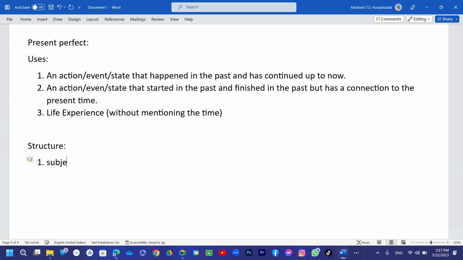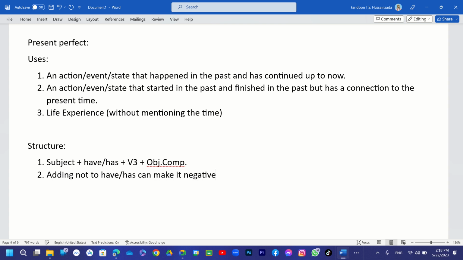Okay, the structure of this is like subject plus have or has, depending on the subject, plus verb 3, plus object or complement, okay? Now, the negative one is, of course, you're just adding not to have or has, can make it negative.